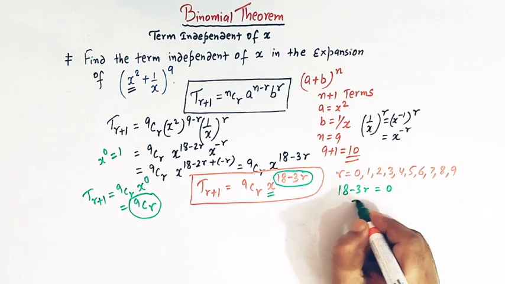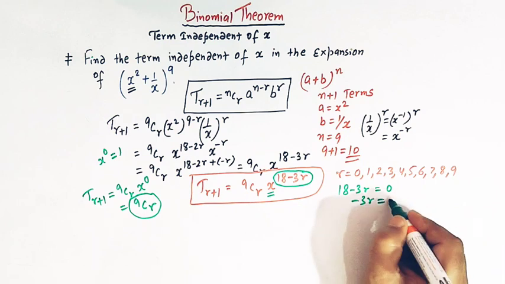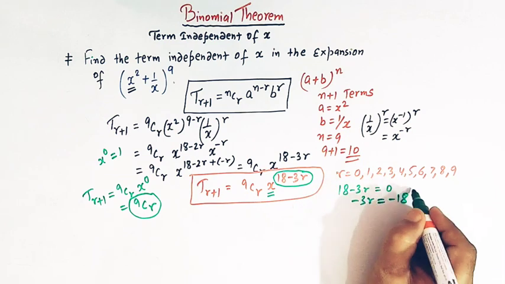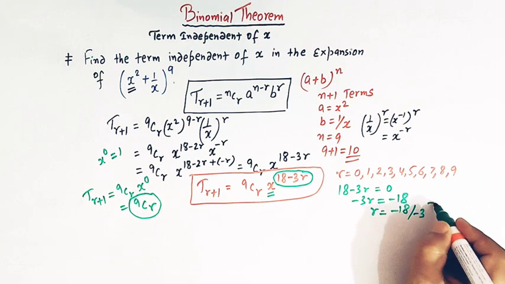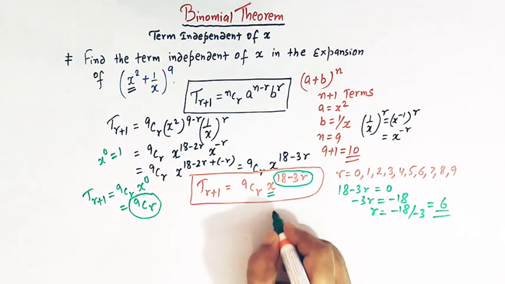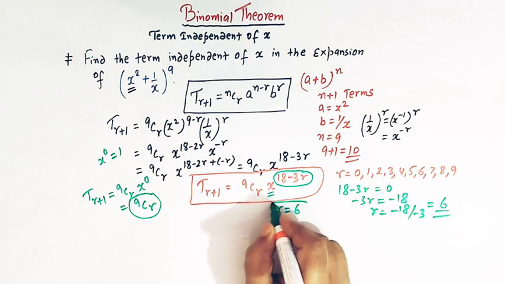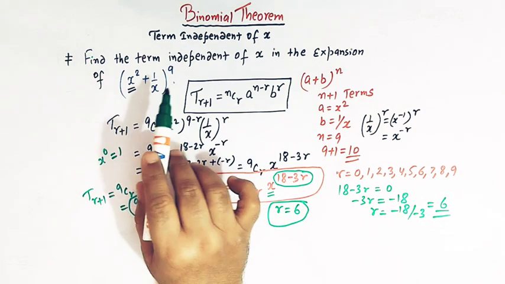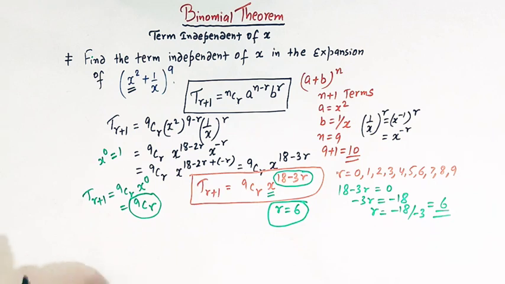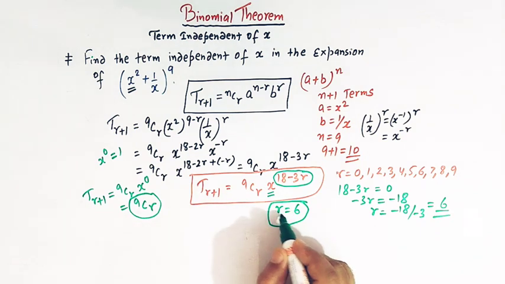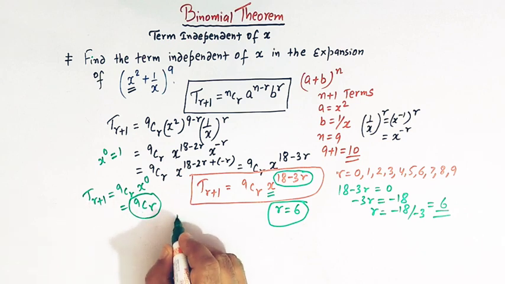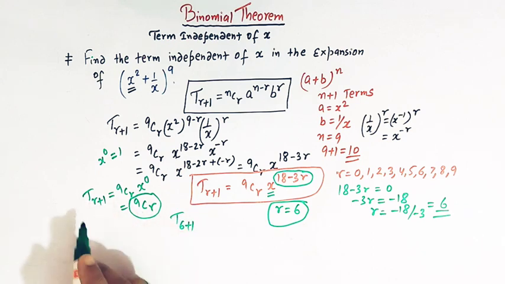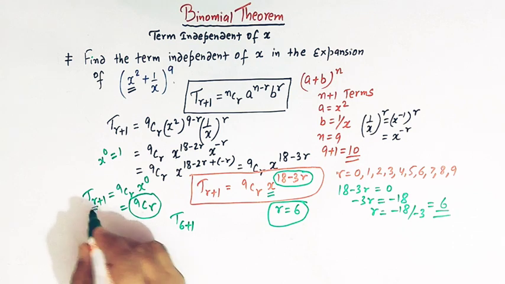Now we can solve this equation. −3r = −18, taking 18 to this side, and r = −18/−3, that is 6. So for r = 6, we will get a term independent of x. Taking r = 6 in this expression, we get T(6+1), that is 9C6.